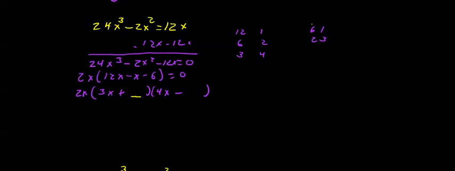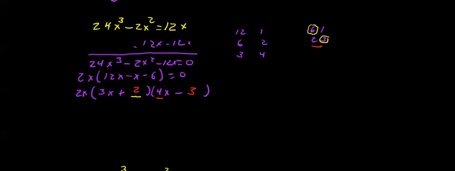I can't use this or this. Here, I have a factor of 4. Right there, I have a factor of 2, I guess. I can't use the 2 there. But I can use the 2 here and the 3 here.